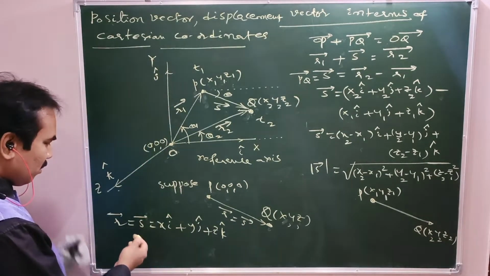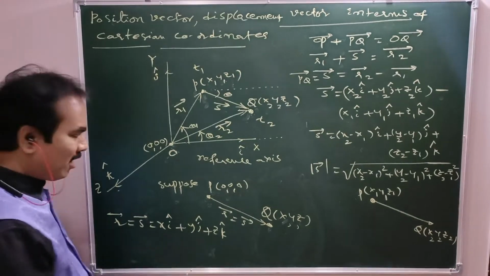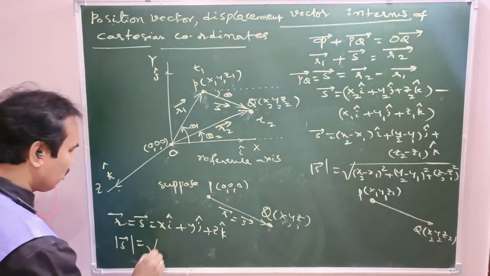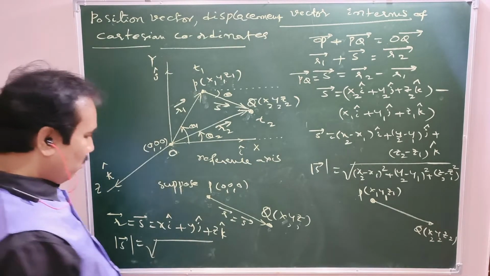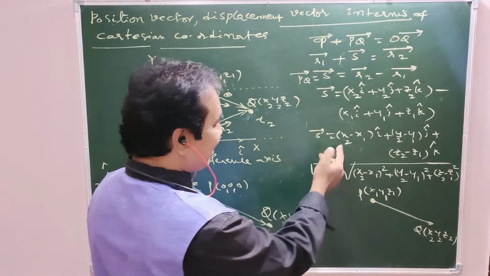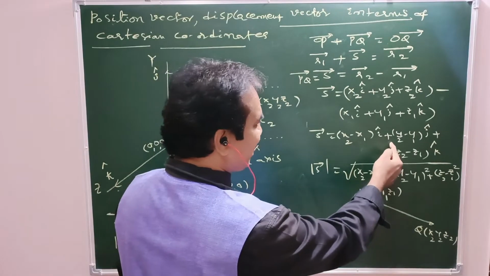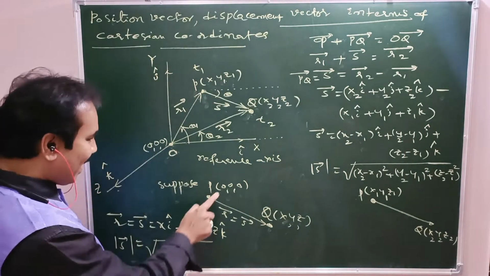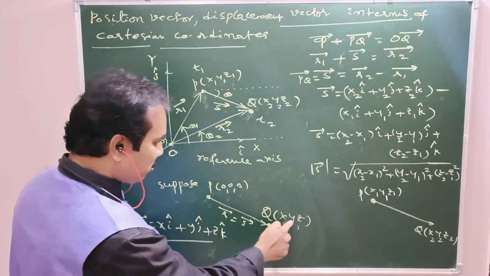Now coming to modulus. If we take modulus, mod s bar is equal to root over (x2 minus x1) i cap plus (y2 minus y1) j cap plus (z2 minus z1) k cap components. Here x1, y1, z1 and x2, y2, z2.